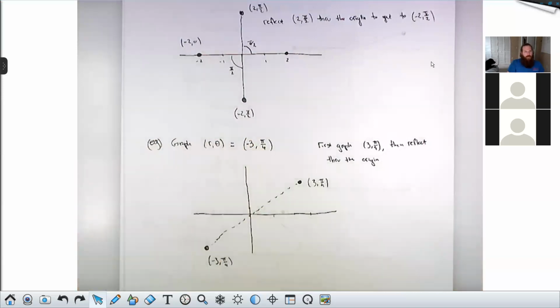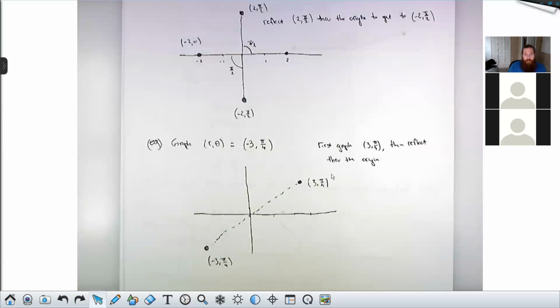Caesar's asking a really good question. If we add pi over 2 to theta, that's almost correct. So we're adding pi effectively, right? This reflect through the origin business is the same as rotate 180 degrees or add pi. So polar coordinates are not unique.